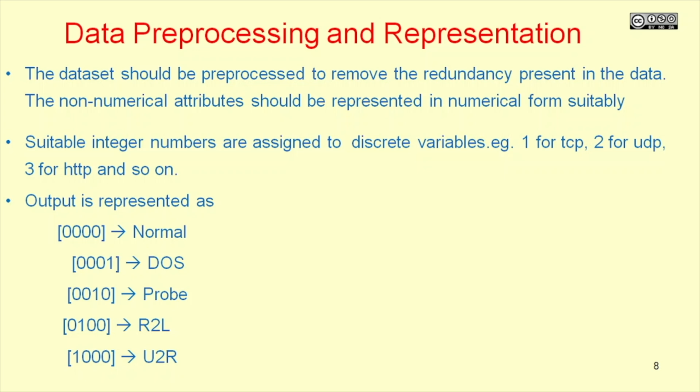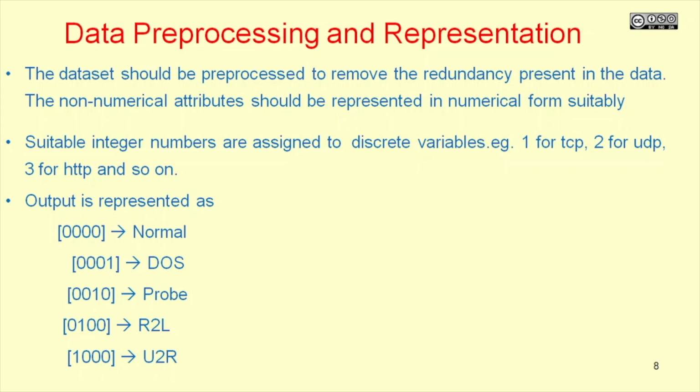Wherever TCP is there, number 1 is assigned; wherever UDP is there, number 2 is assigned; wherever HTTP is there, number 3 is assigned. Likewise, wherever you find some characters or strings, you can assign numbers.